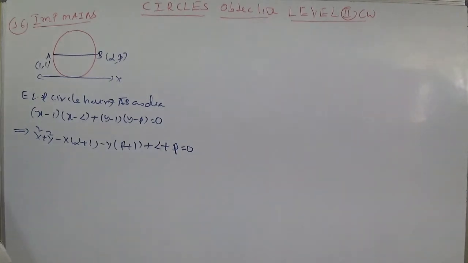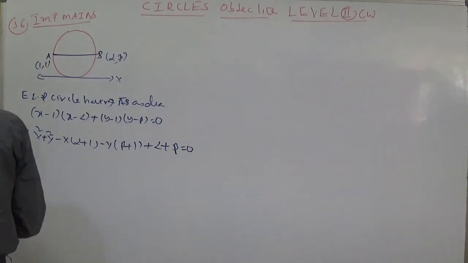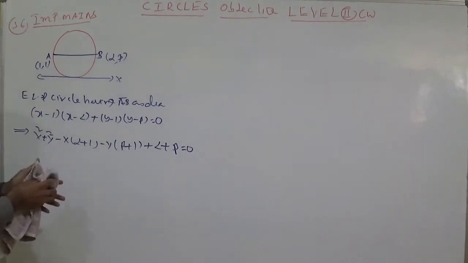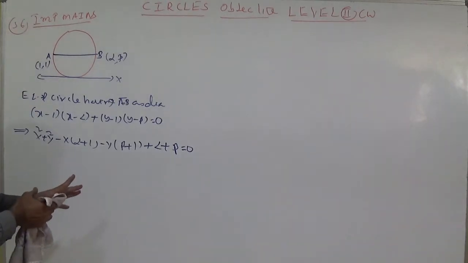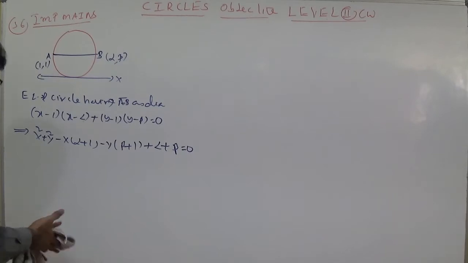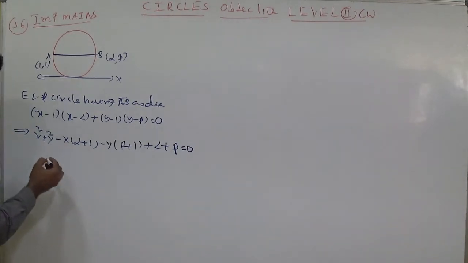We can use this circle in the standard form x square plus y square plus 2gx plus 2fy plus c is equal to 0. Whenever it is in the standard form, use the condition g square is equal to c.